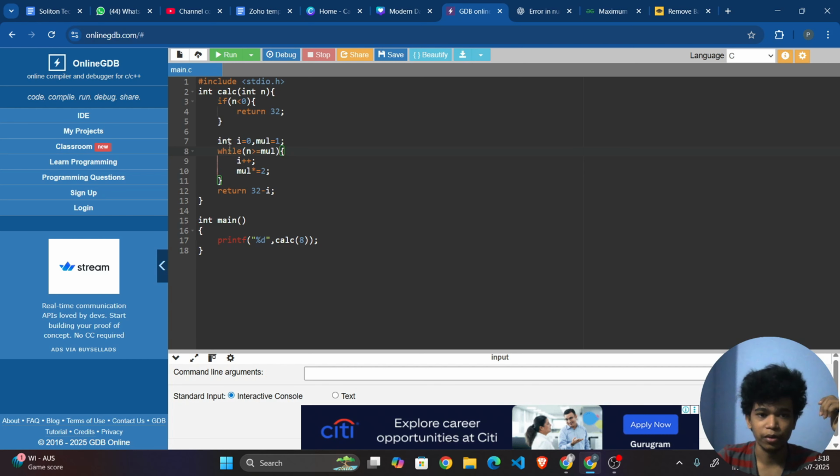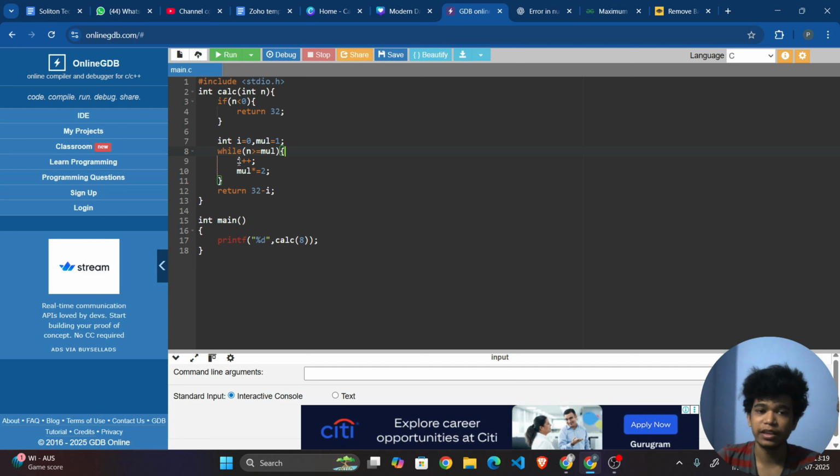Now int i is equal to 0 and multiplier is equal to 1. In the drawing explanation I used power, right? Instead of that power I have used i here, and instead of the value I used multiplier. Now while n is greater than or equal to the multiplier, what should I do?